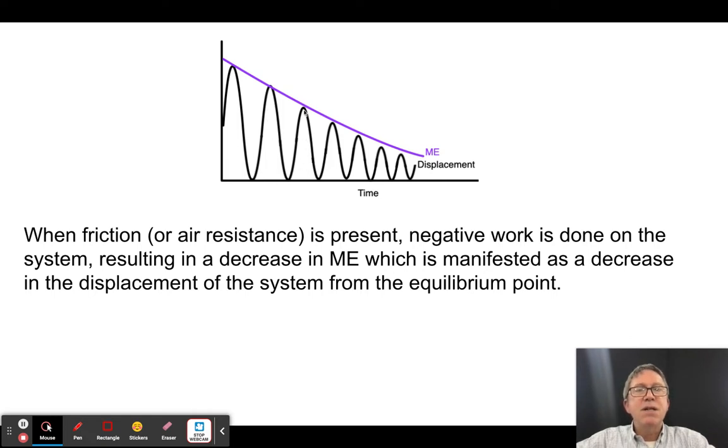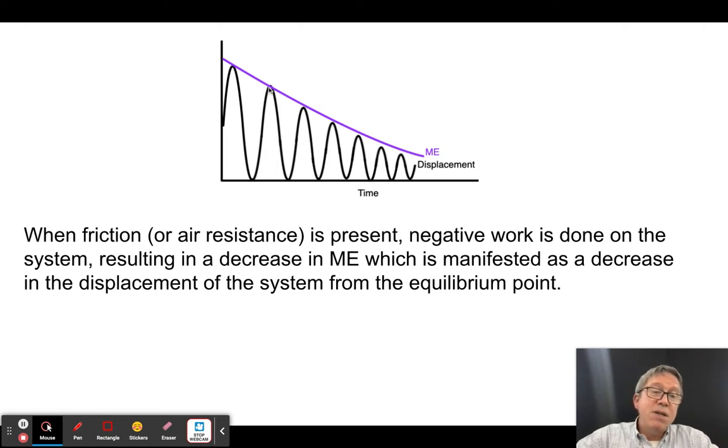Okay, so what happens is with each oscillation, I'm losing energy. So the displacement is getting smaller and smaller. Let's just say this is a graph of kinetic energy of a system moving across a flat surface with friction. Well, the first time I release it, I get a lot of kinetic energy, and then the kinetic energy goes to zero, but the mechanical energy doesn't go to zero because now I have spring potential energy. Now I have more kinetic energy, but notice I don't have as much as I had before.